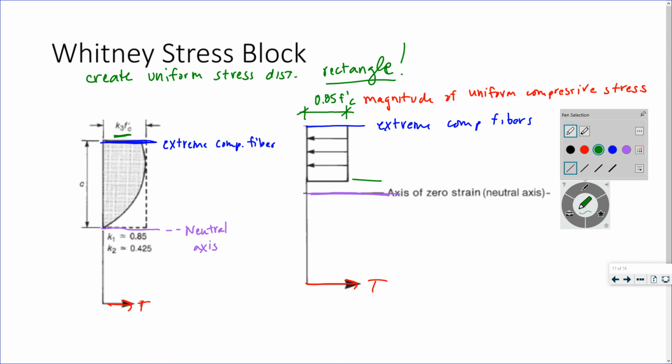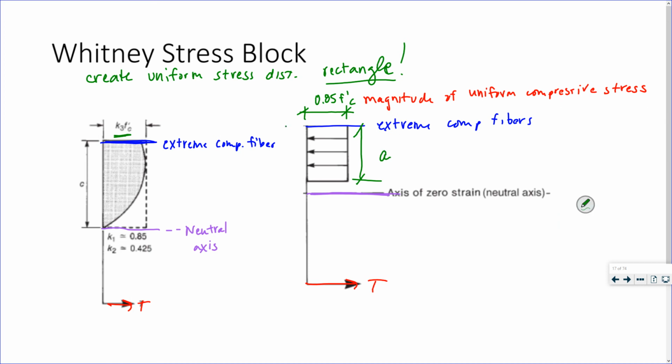The height over which that occurs is called a. The height from the extreme compression fiber to the neutral axis is called c.